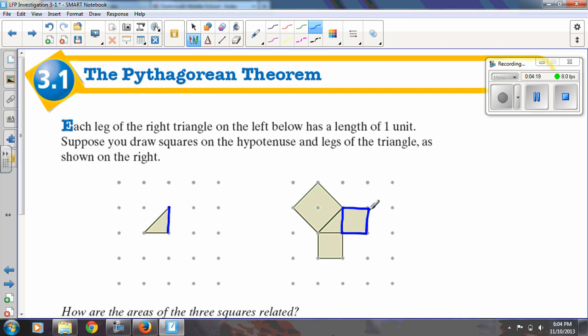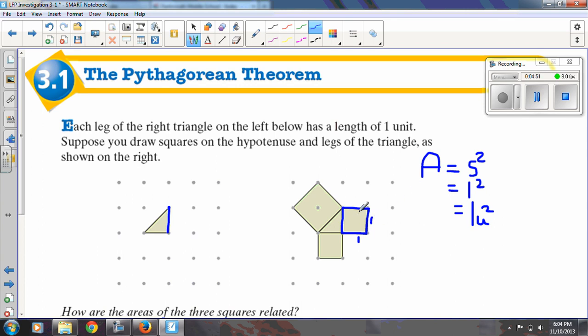If we're finding the area of this blue square, it is 1 unit by 1 unit, and the area formula for a square is side squared. So the area is going to be equal to 1 squared, which is just equal to 1. And I always say units squared because we always end our area in units squared.